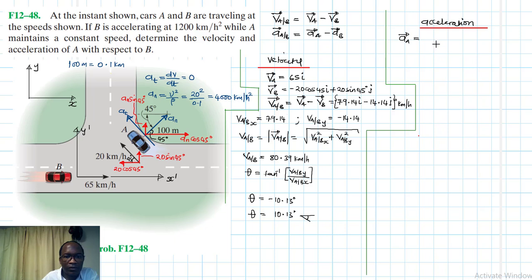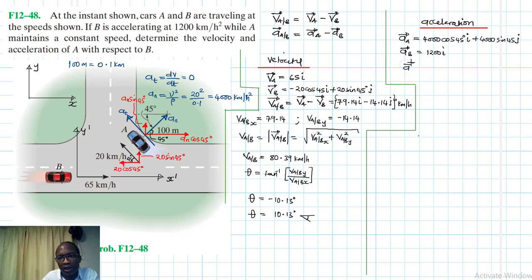We only have positive values, which is AA equal to 4000 cos 45 i plus 4000 sine 45 j. And then AB, we've been told B is accelerating in that direction, so it's 1200 i.